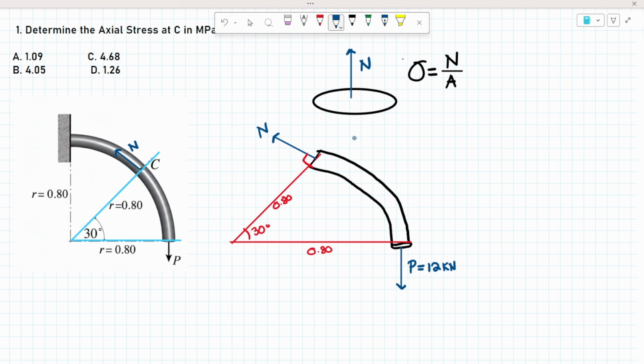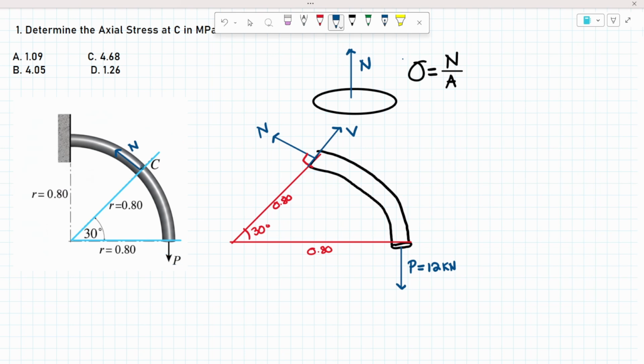Okay. Now, what are the other forces present at point C? We also have your shear force. The shear force is parallel to the cross section. So this is V, and at point C, since nagkatayo dito, this will carry the vertical force P. Okay?